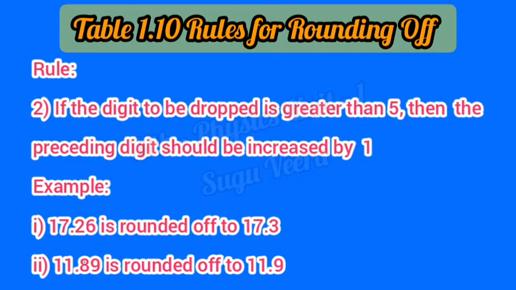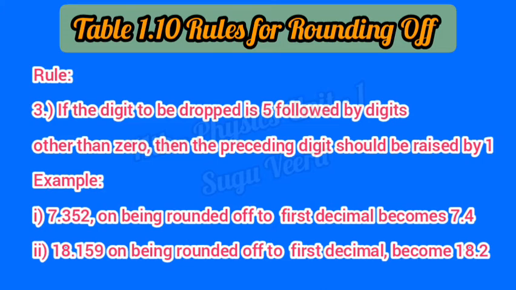Third rule, if the digit to be dropped is 5 followed by a digit other than 0, then the preceding digit should be raised by 1. For example, 7.352 when rounded off to first decimal becomes 7.4. And second example, 18.159 when rounded off to first decimal becomes 18.2.